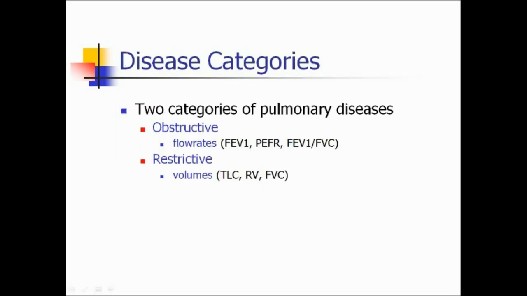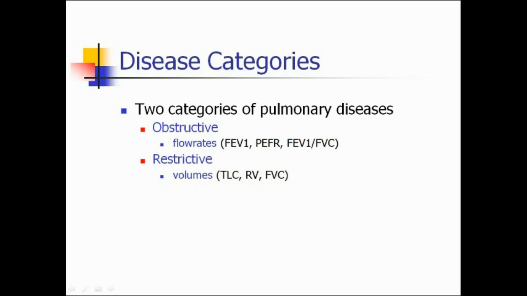Now, in your disease class, you probably saw there's a ton of respiratory diseases of the lungs, but there is only two real categories of pulmonary diseases: obstructive and restrictive. Obstructive diseases, we use the flow rate measurements such as FEV1, peak flow, FEV1 to FVC, as indicators of how well that person is doing, and if those are abnormal, it gives us the indication that there can be an obstructive disease.